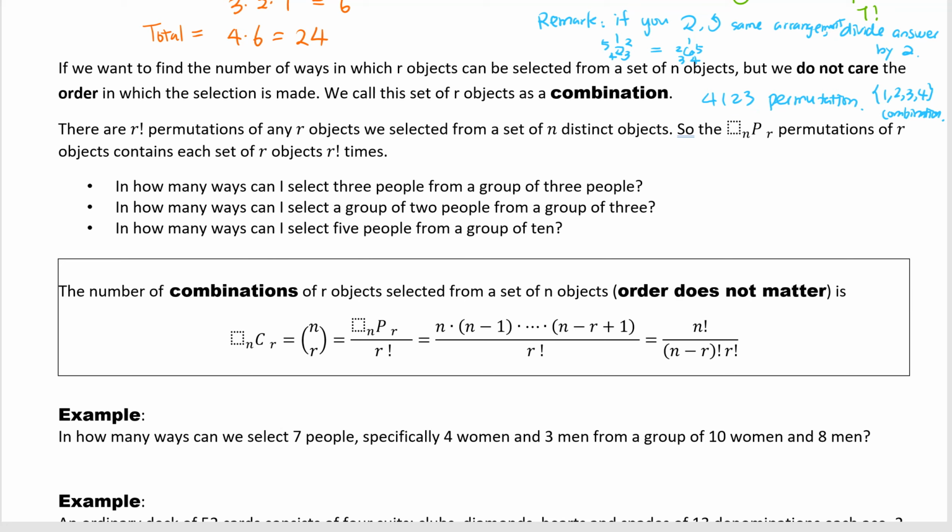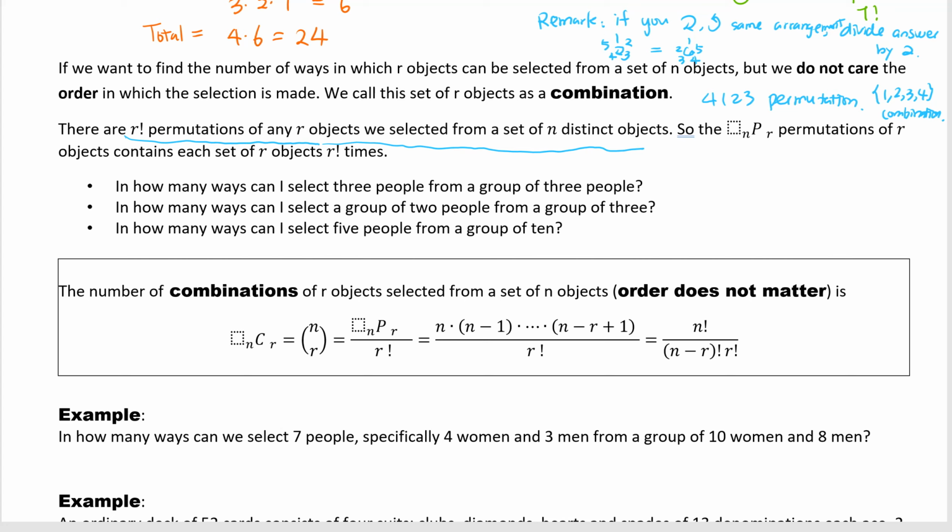We know how to calculate permutations. Within those permutations, there are permutations of any R objects we select from a set of n distinct objects.